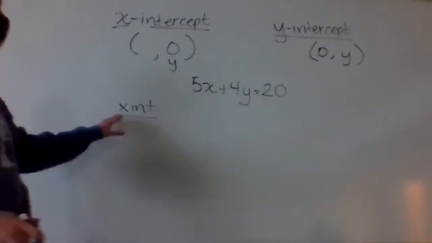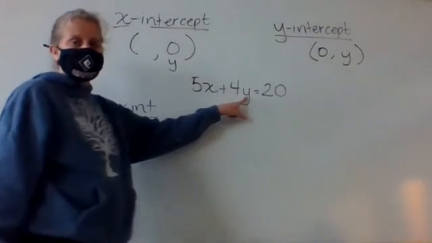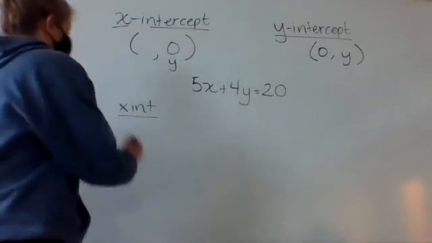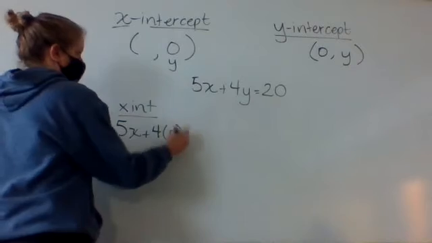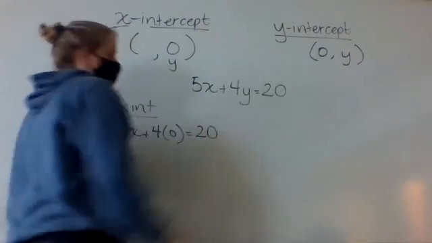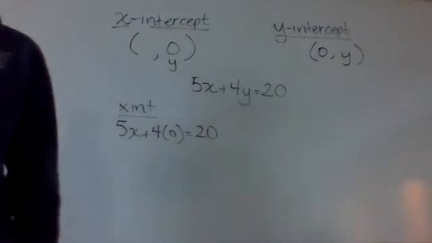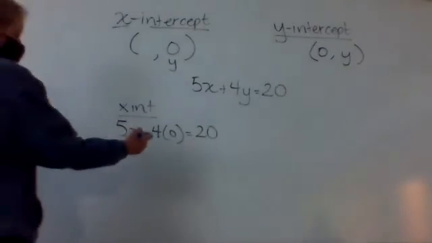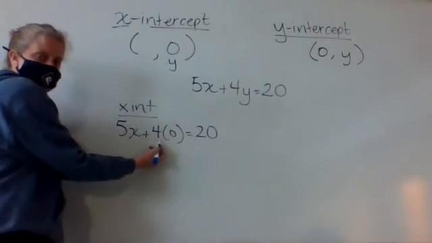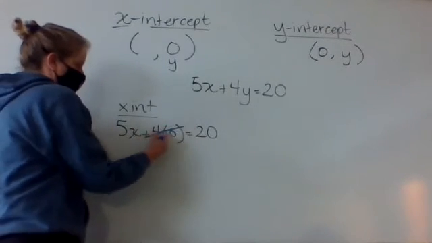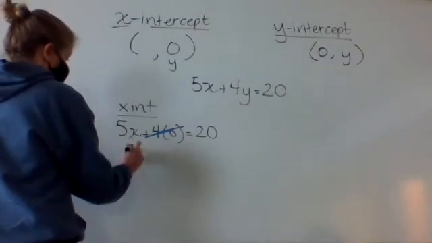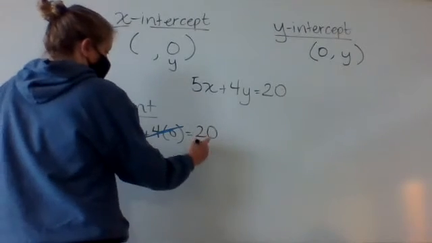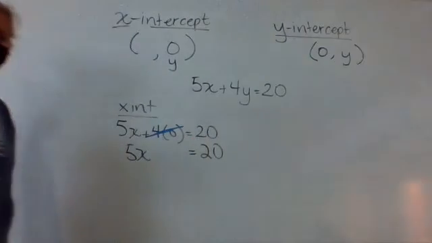So again, whatever intercept you're finding, put your 0 in the other letter. So I'm putting my 0 in the y. So if I do that, I have 5x plus 4 times 0 equals 20. Look what happens here. What is 4 times 0? That's nothing. So it's kind of like this just goes away because 4 times 0 is nothing. So all I actually have left over here is 5x equals 20.